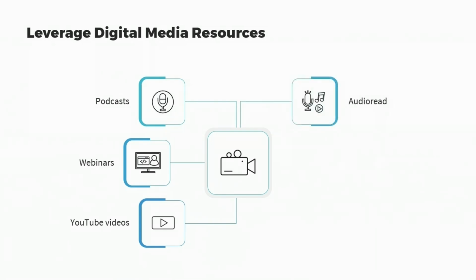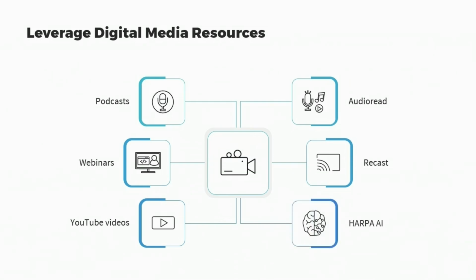And audio versions of articles, blogs, and other written content allow for convenient consumption and information on the go. And platforms that host recorded webinars and virtual events can enable access to informative sessions on demand. And Harpa AI is an online platform offering educational resources, courses, and webinars focused on AI, machine learning, and automation.